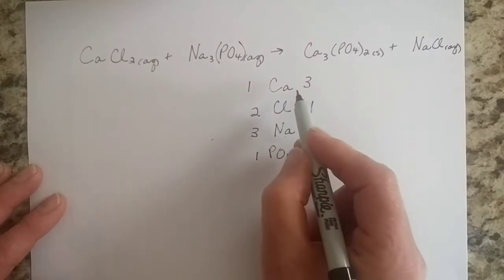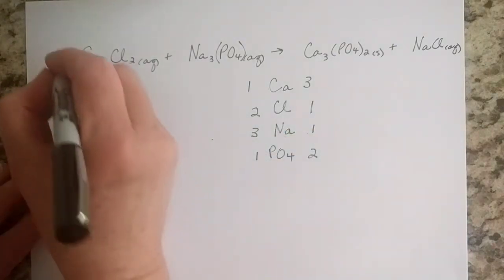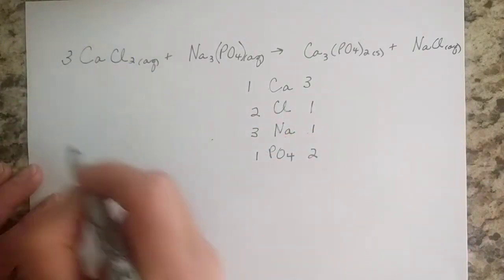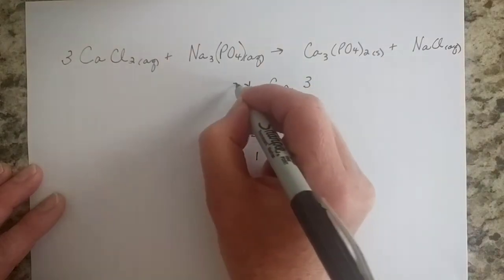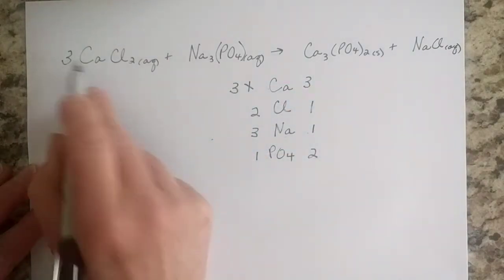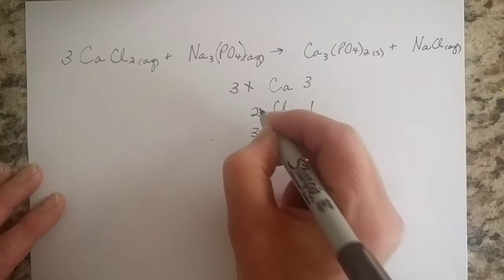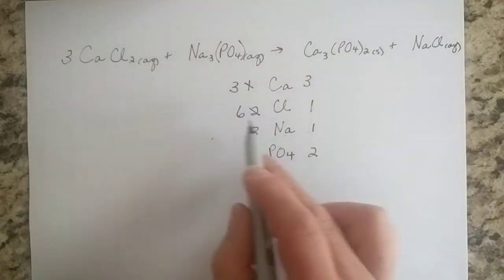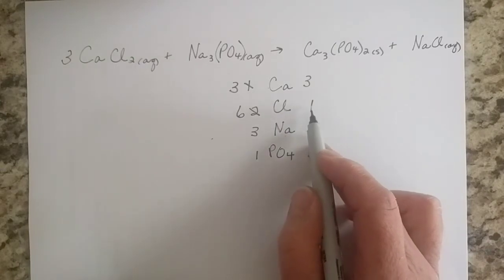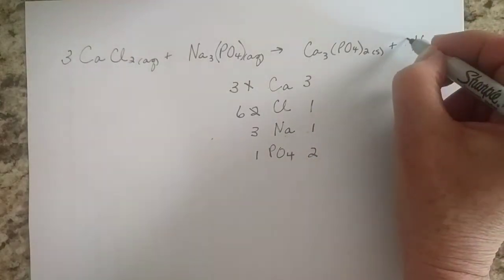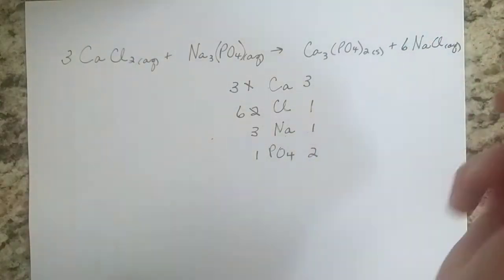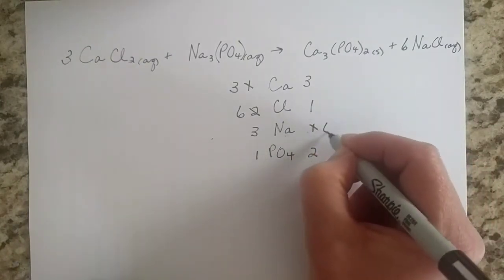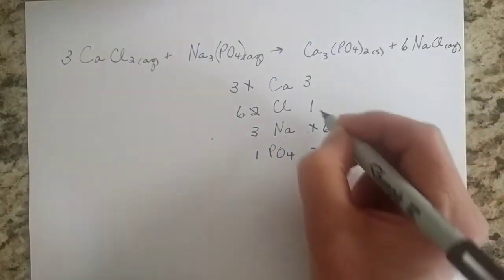Okay, so we need 3 calciums over here, so we put in a coefficient of 3, which gives us 3 calciums, and 3 times 2, we get 6 chlorines. Okay, so the calcium's good. Now we can do the chlorine. We're going to need 6 chlorines on this side. So put in our 6. That gives us 6 sodiums and 6 chlorines.